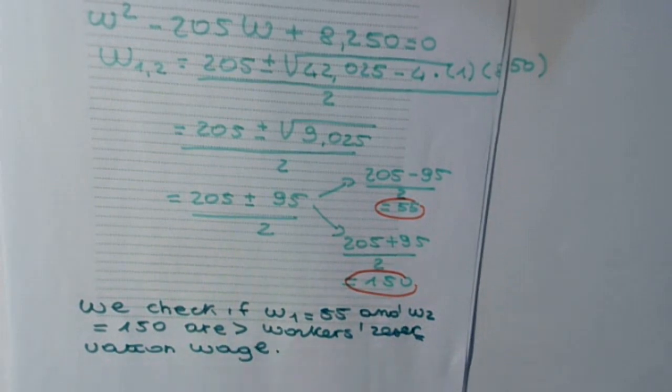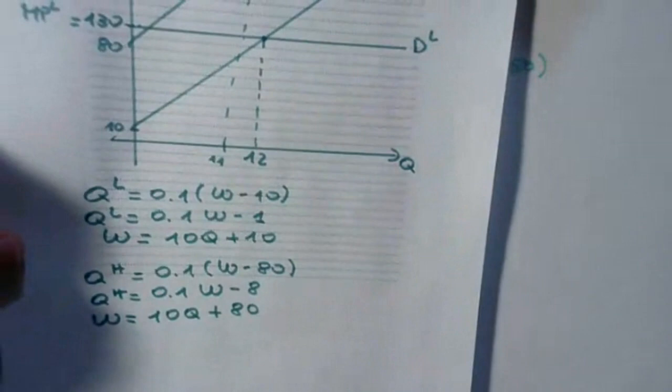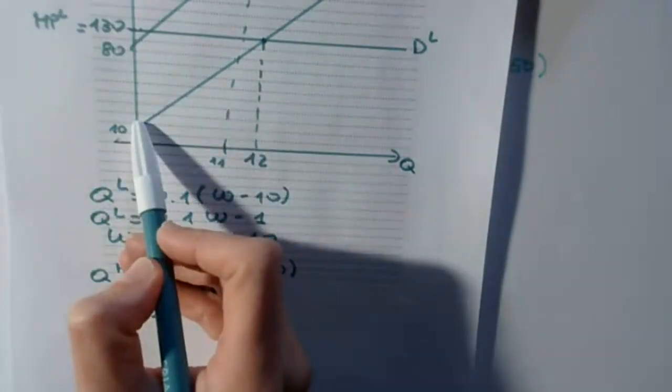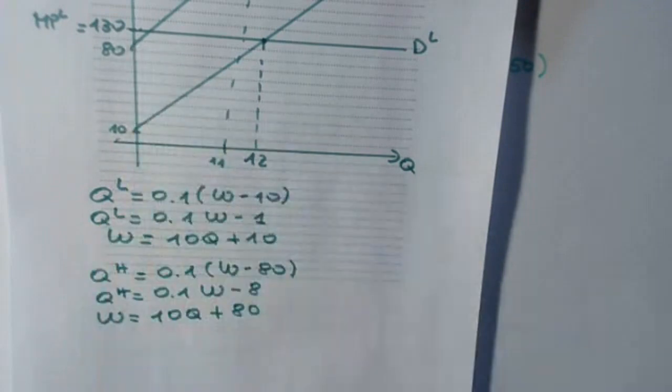Basically, we know what the reservation wage is looking at the graph, okay? Because if you look at the graph, you see immediately that the reservation wage for the highly productive worker is 80. I put the graph so that you can see. You see 80. And for L is 10, so it is enough to check if it is fine for the H worker.